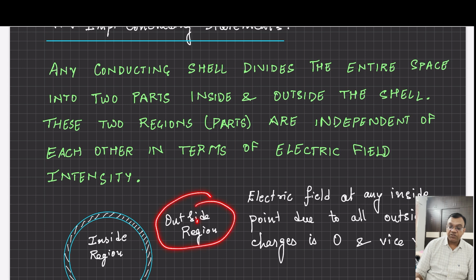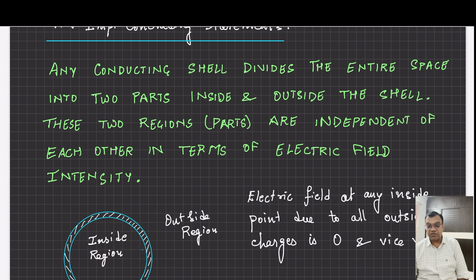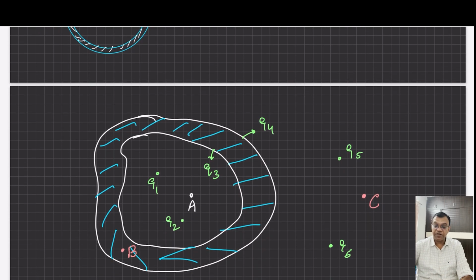These two regions are independent in terms of electric field intensity. Electric field intensity at any inside point due to all outside charges is 0, and at any outside point due to all inside charges is 0. Now I will take a few examples, a few questions, and then I'll explain it.